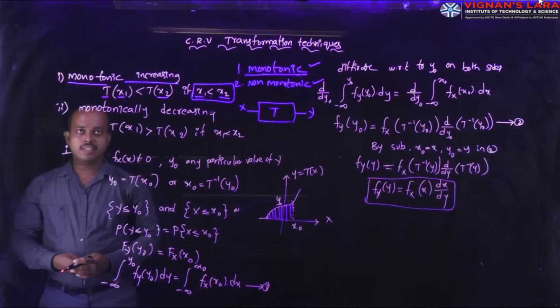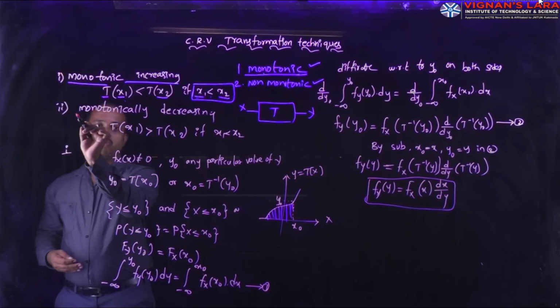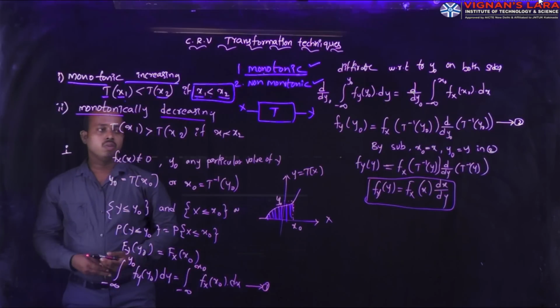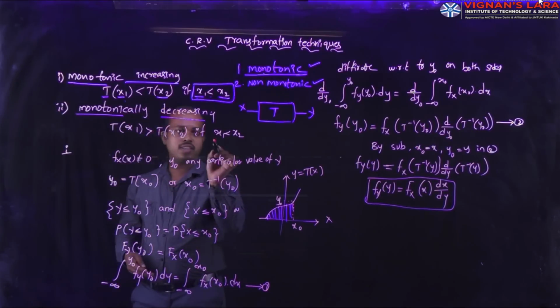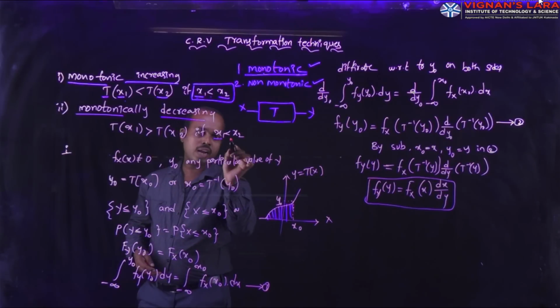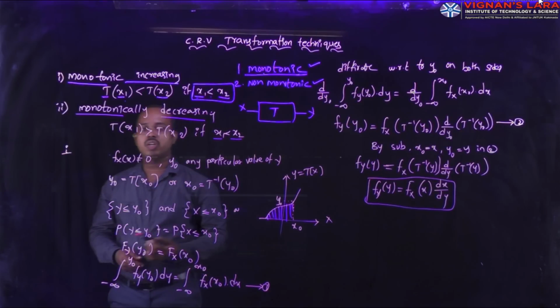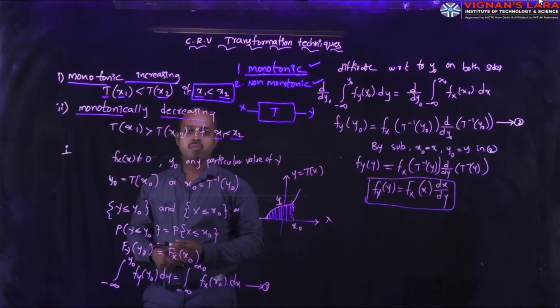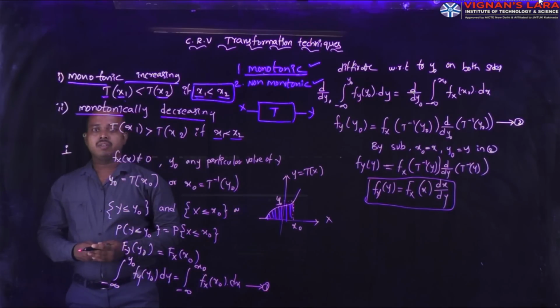Coming to the second one, monotonically decreasing. For this relation, we consider the same sequence numbers, x1 and x2, with x1 less than x2. The same can be represented here, but the change is in their transformations.